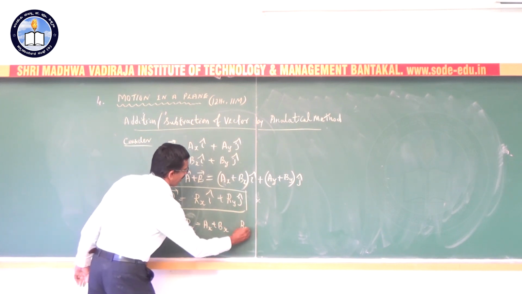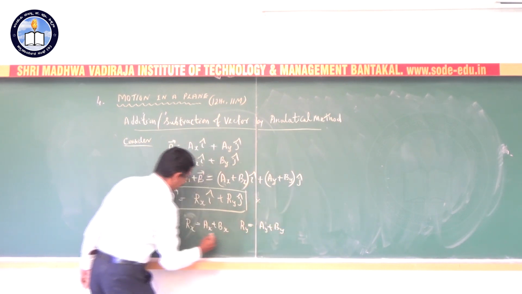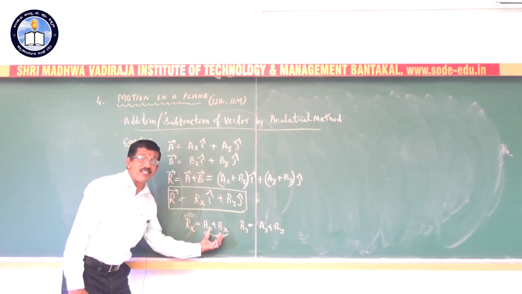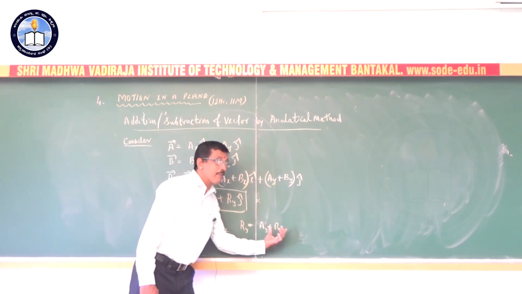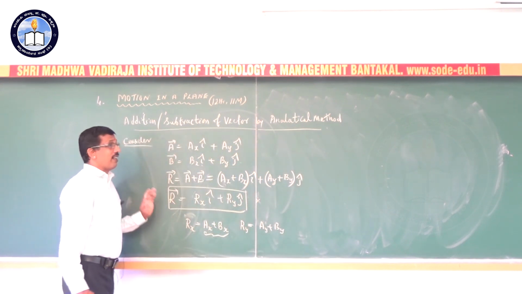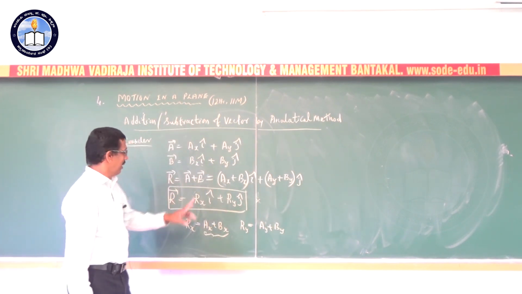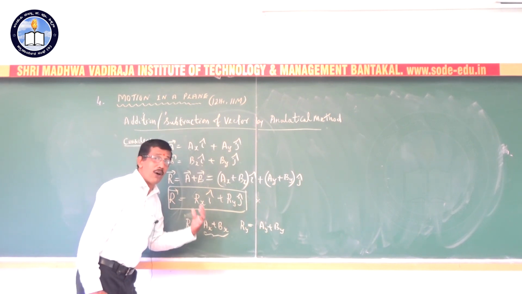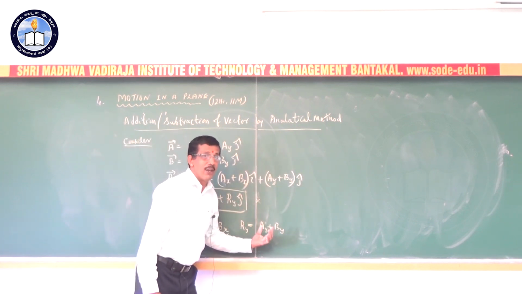What is ry? Ay plus by. Rx is the x component of the resultant, and ry is the y component of the resultant. In general, the resultant vector in 2 dimensions can be written as the sum of its components along the x axis and the sum of its components along the y axis.